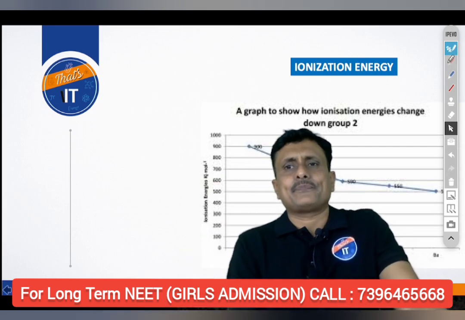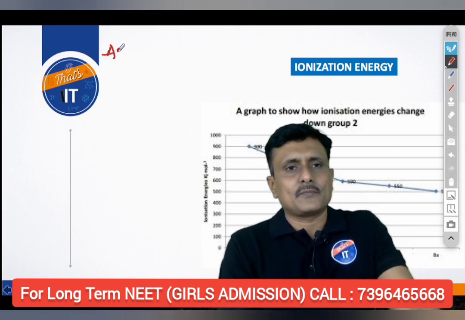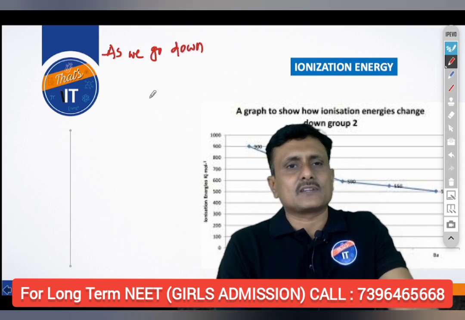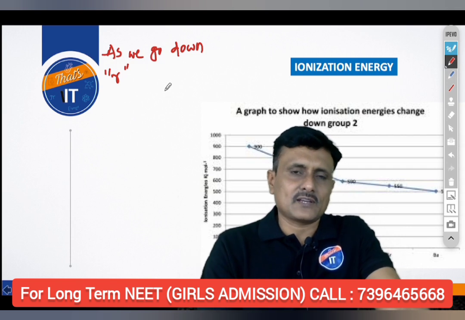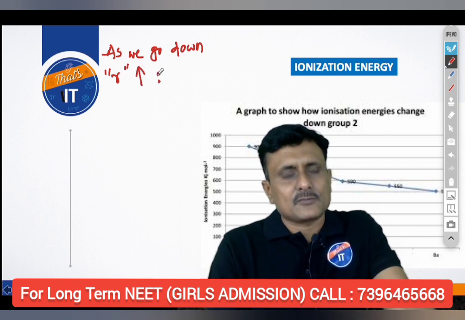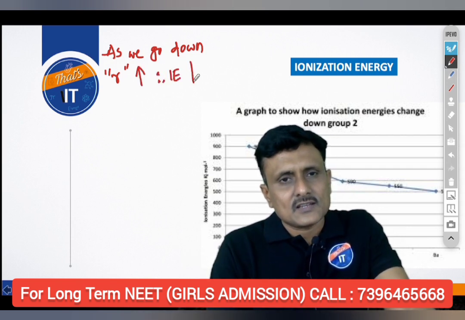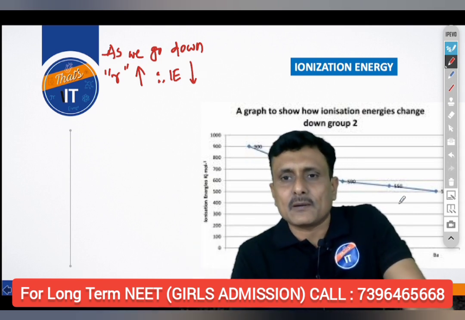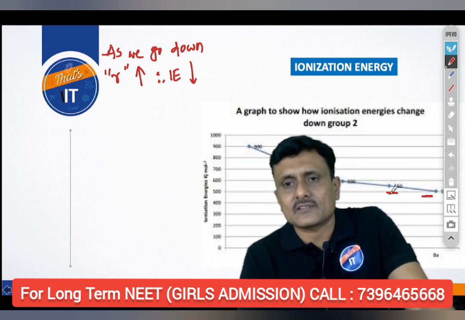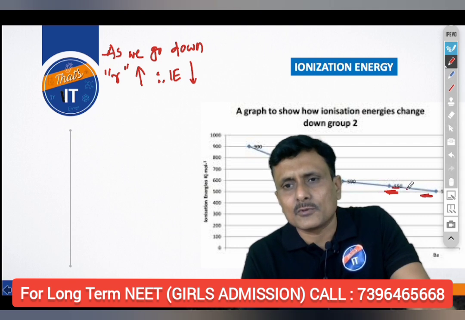As you could see, as we go down the group, what will happen to the atomic radius? It increases. Therefore, ionization energy should decrease. However, when you compare the last elements, you can see they are almost similar.